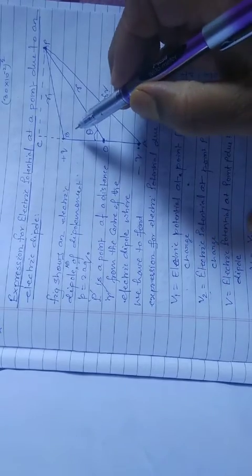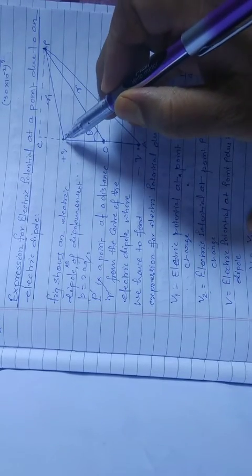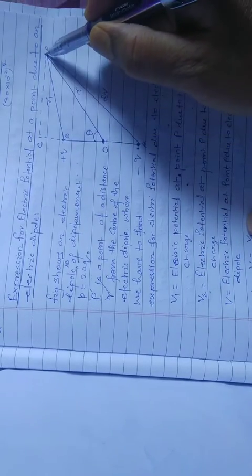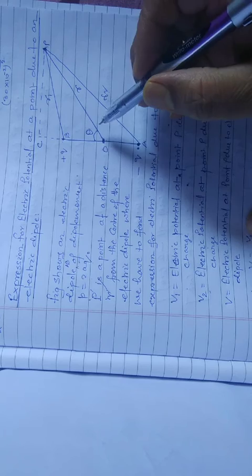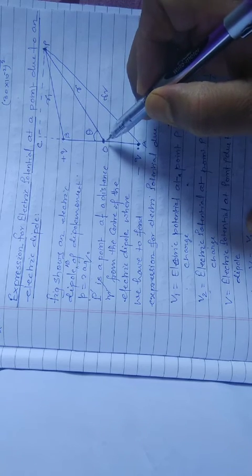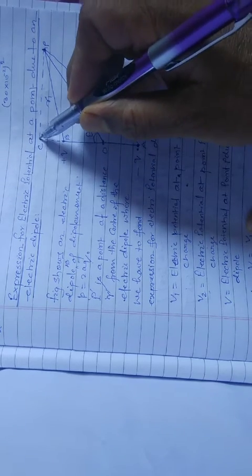Now see the diagram. Here in triangle BCP, using Pythagoras theorem, write the equation. Now again write Pythagoras theorem in triangle OCP.